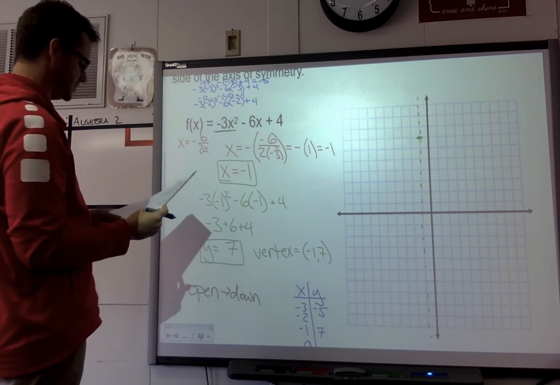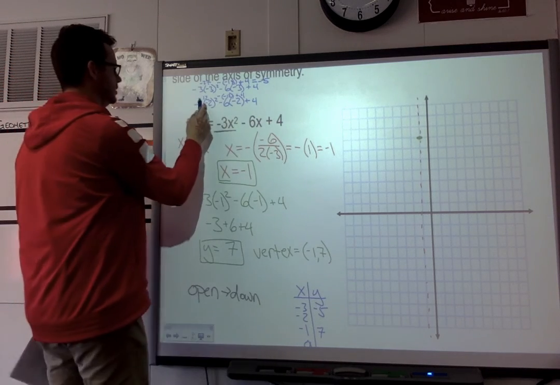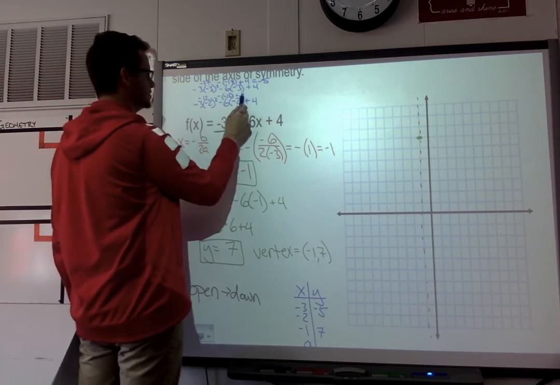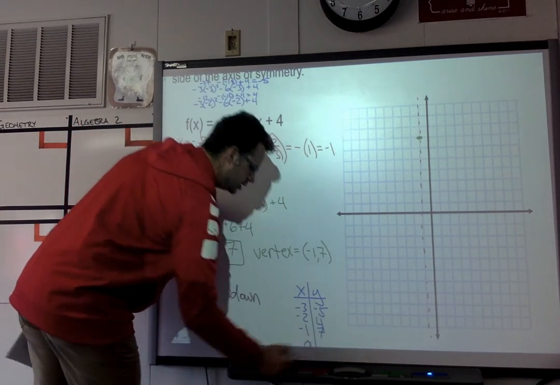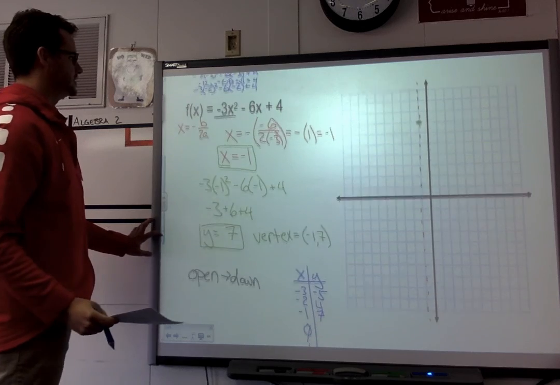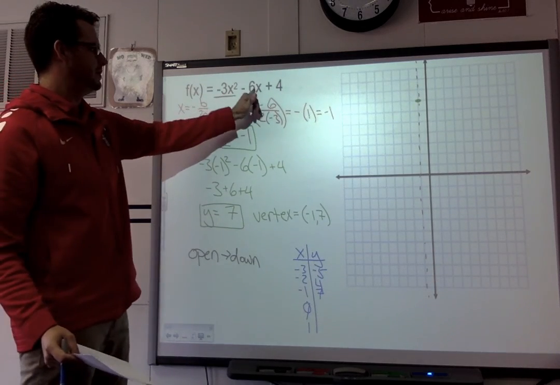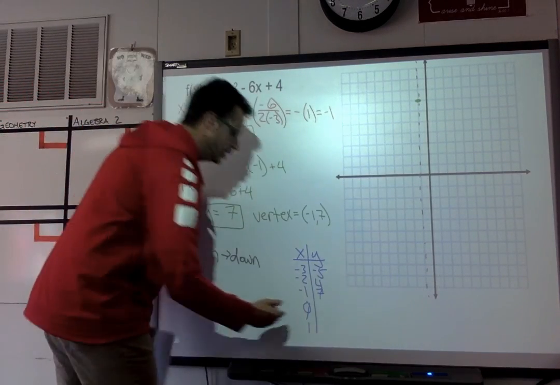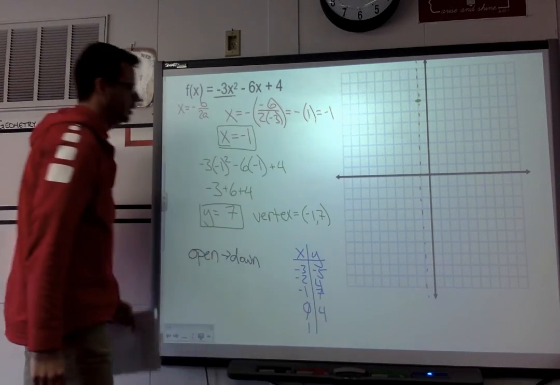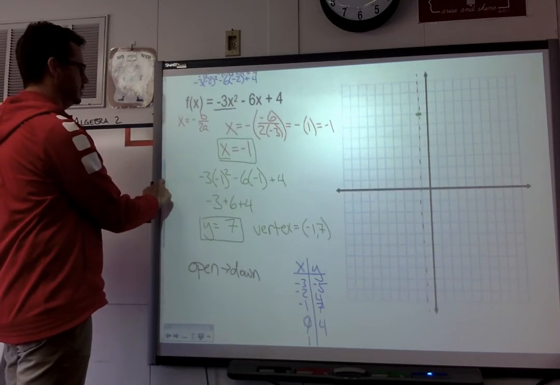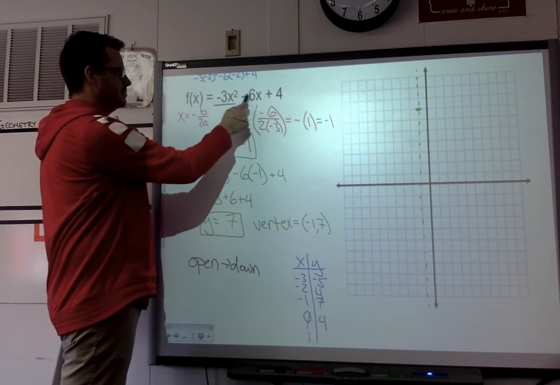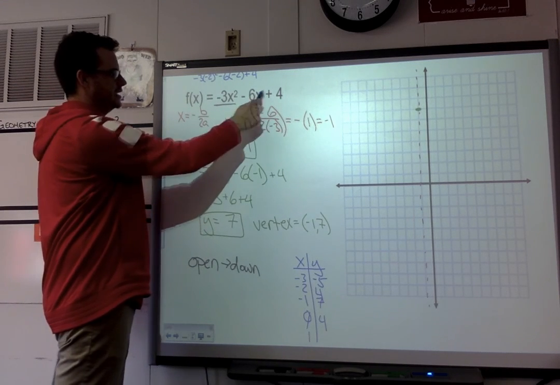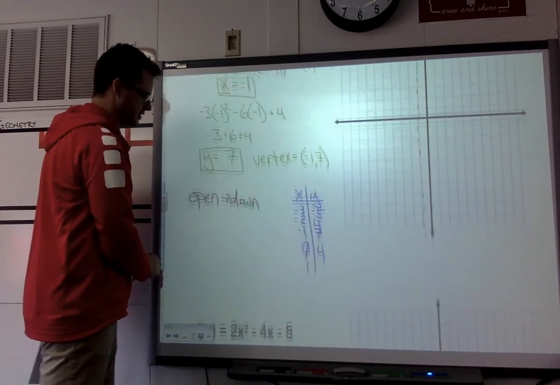So in this case, that would give me negative 12 plus 12 is 0 plus 4 equals 4. And if I plug in 0, I'm going to get 0 minus 0 plus 4 is 4. If I plug in 1, 1 squared is 1, so I'm going to have negative 3 minus 6, which is negative 9, plus 4, which is negative 5.